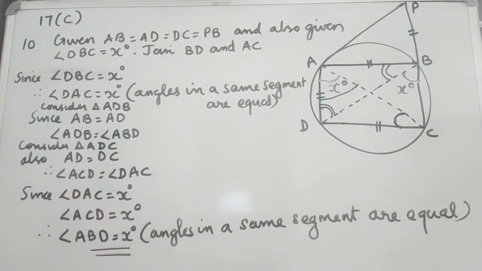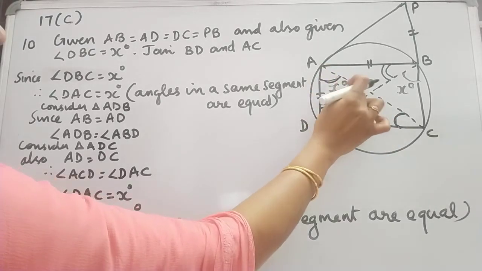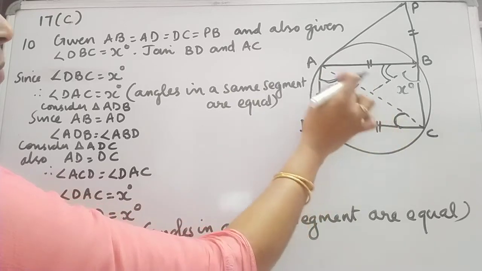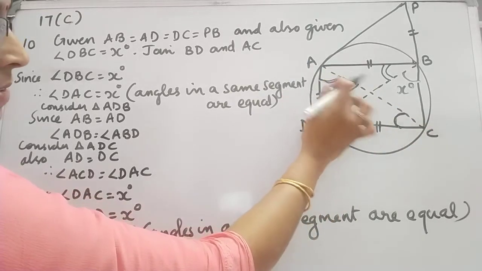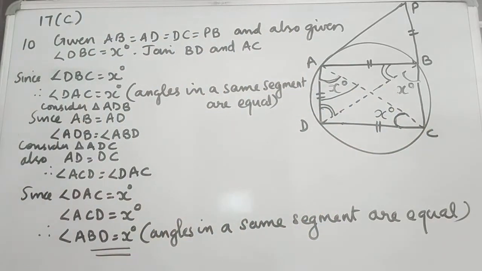We know DAC is equal to X. So what about this angle? Already we know these two angles are equal, and DAC is X, so this angle will be X degree. That is, ACD will be X degree.